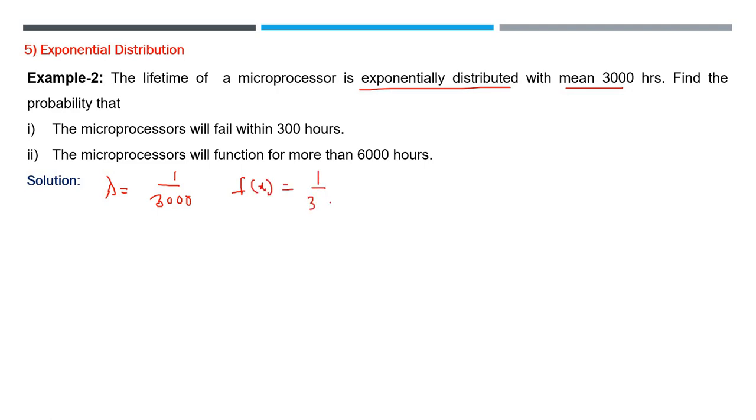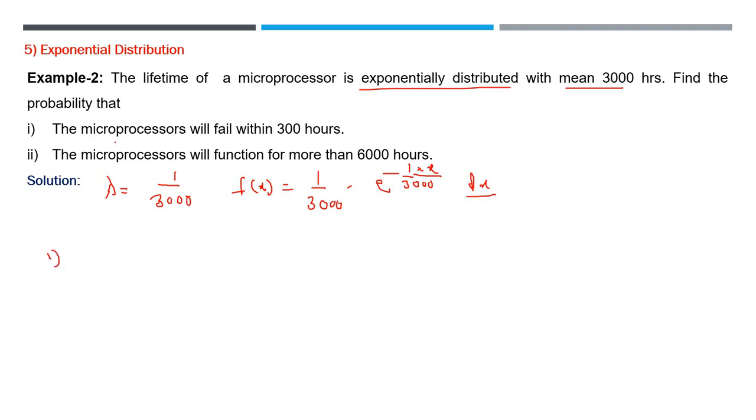It is 1 upon 3000 e raised to power minus x upon 3000 dx. So this is the formula for calculation of the exponential distribution.